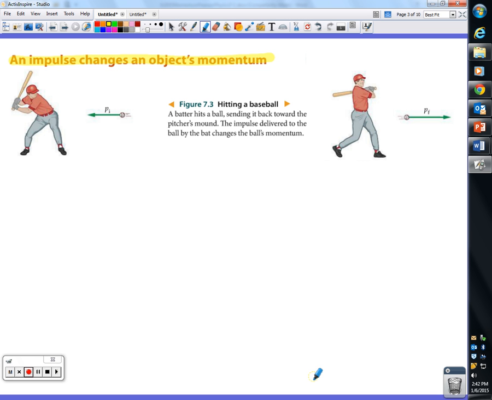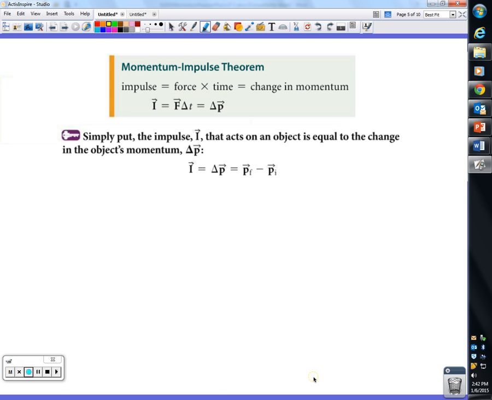The fact that when we calculate the impulse, it gives us the same unit as it did for momentum means that impulse changes momentum by the same amount. These ideas come together to give us the momentum-impulse theorem, that says that the impulse that acts on an object is equal to the change in the object's momentum.